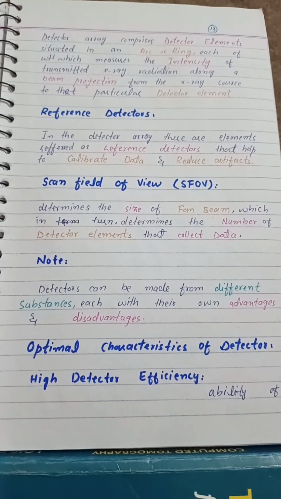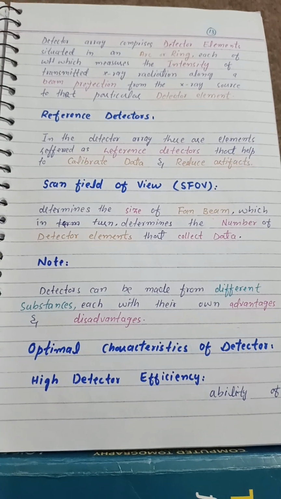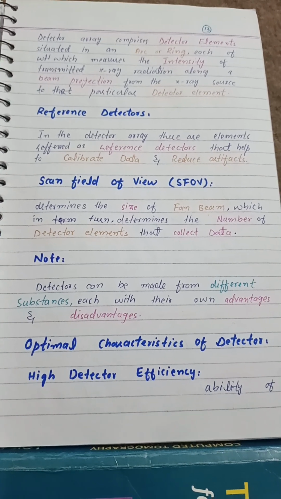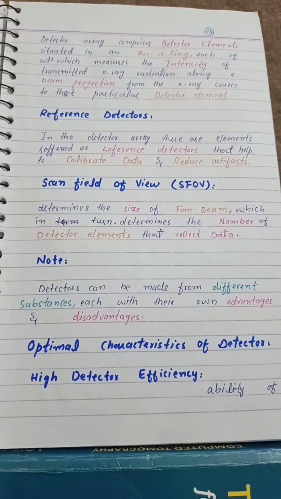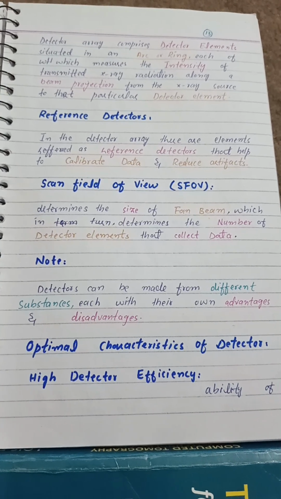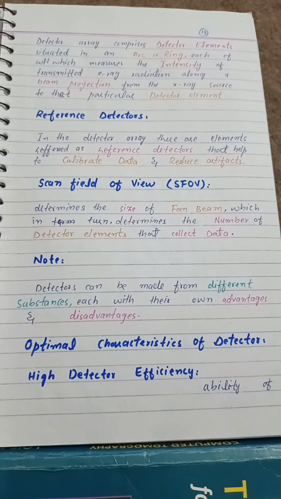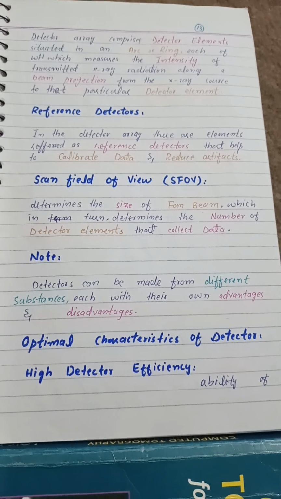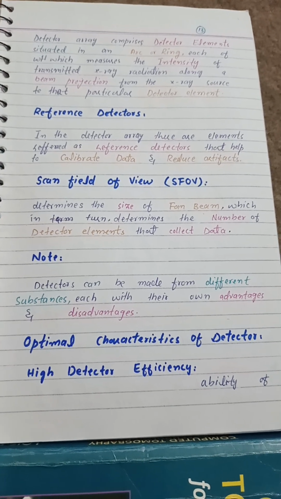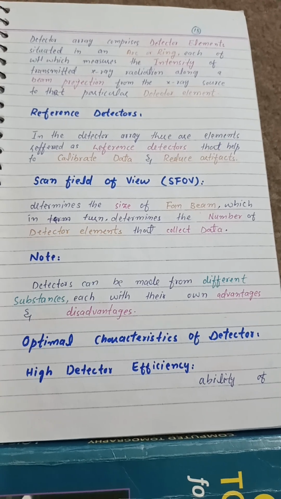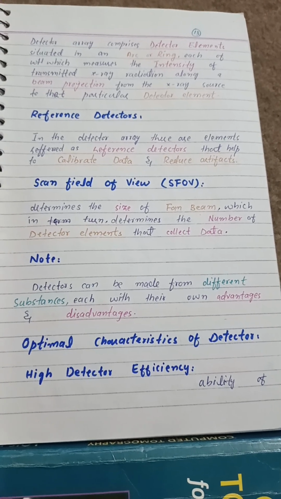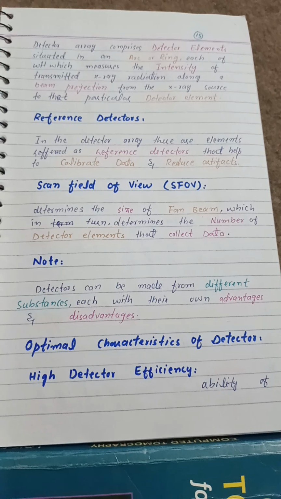Scan field of view, SFOV, determines the size of the beam, which in turn determines the number of detector elements that collect data. Note: detectors can be made from different substances, each with their own advantages and disadvantages.